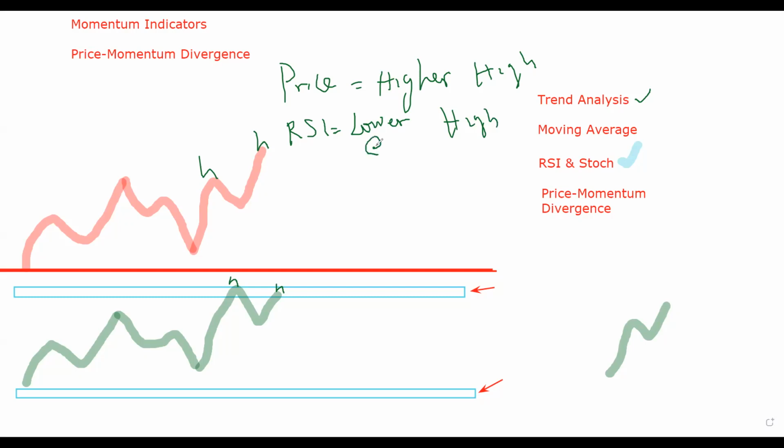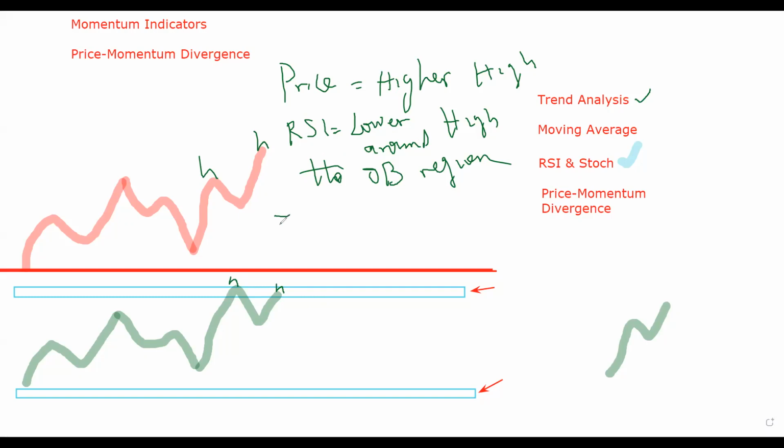At the overbought region. Or let's say around the overbought region. Sorry for my writing. So price is giving us a higher high. The RSI is giving us a lower high around the overbought region.